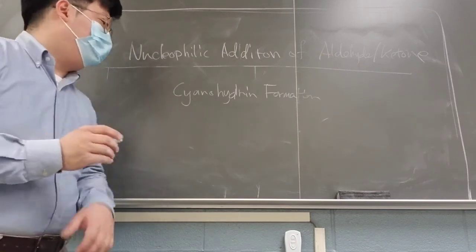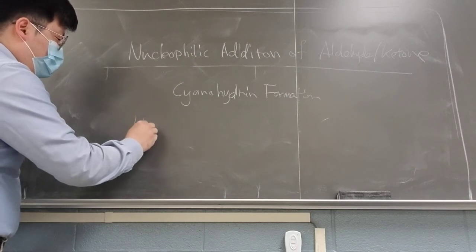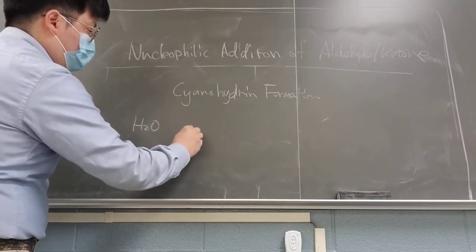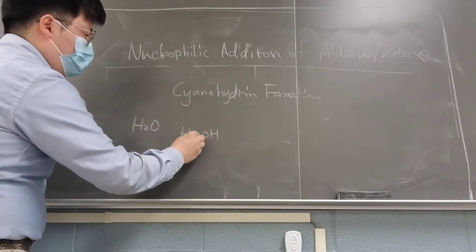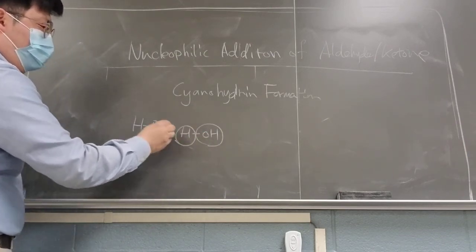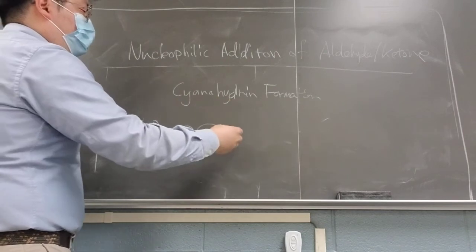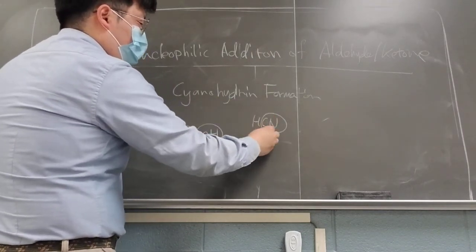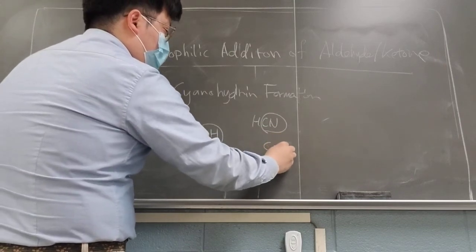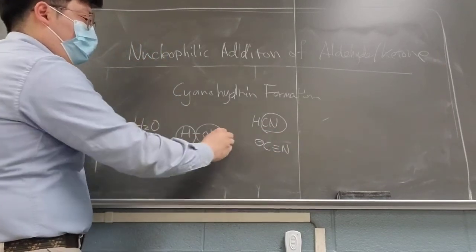So hydration is what? H2O, right? So it's H2O here. And remember, this is our nucleophile, and this is the hydrogen here. For cyanohydrin, we're going to do HCN. So this is where you can have the cyanide anion there, right? Like this one.